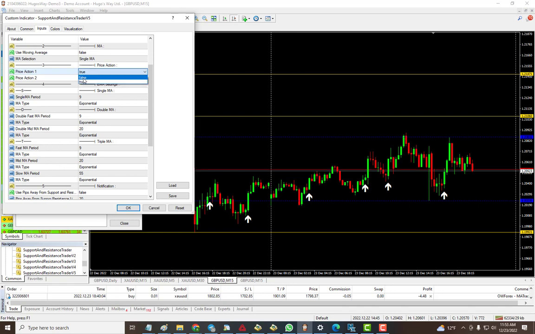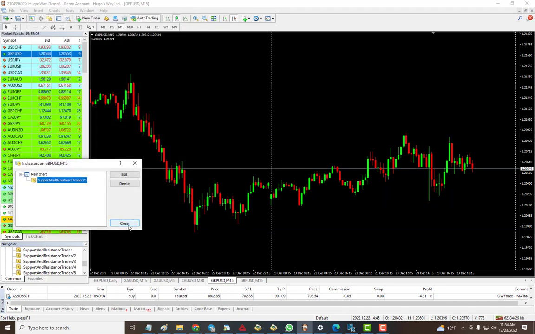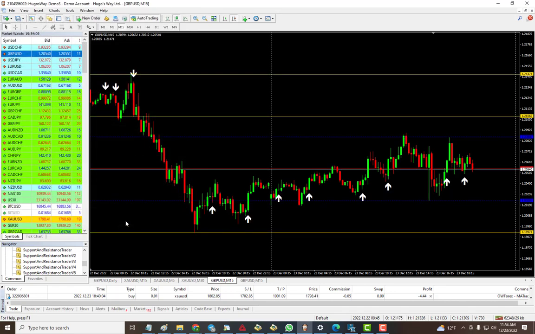So we have 2 different ways to do the price action, and it's included. So I can go ahead and just change this to the second one, or you can even combine and use both of them. So they have to point to the same direction. And again, here are your signals.